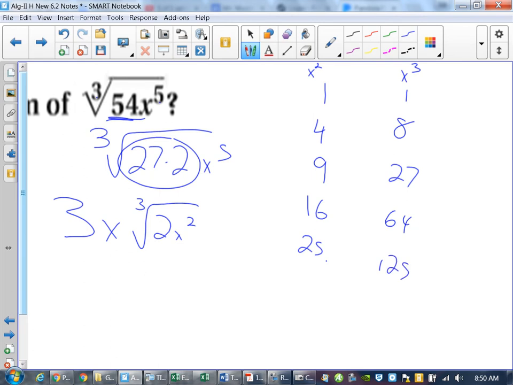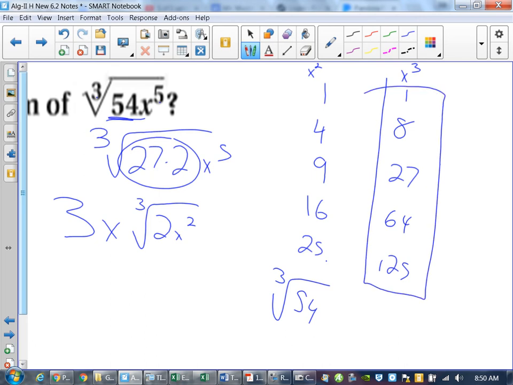So if I'm trying to take the cube root of 54, is there one of these perfect cubes hiding within it? 27 was hiding in there, because 54 is 27 times 2. Just like when we took the square root of 12, the perfect square hiding in there was the 4, so you'd have a 2 root 3. So you take it out of the radical. Yep. You simplify it the exact same way as you would the other one.